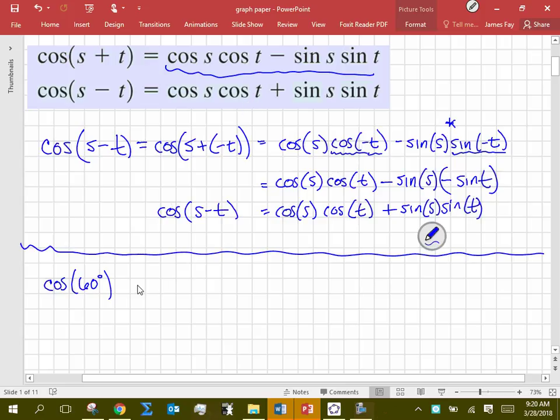Let's use addition. What are two angles that I can add together to get 60? 30 and 30. The fact that they're the same might not be all that interesting, but it's cosine, so I'm going to write cosine, cosine, cosine, and I'll explain what I'm saying.